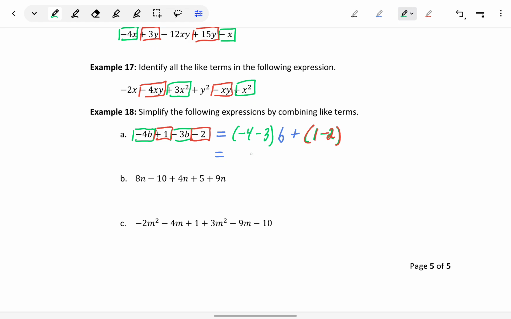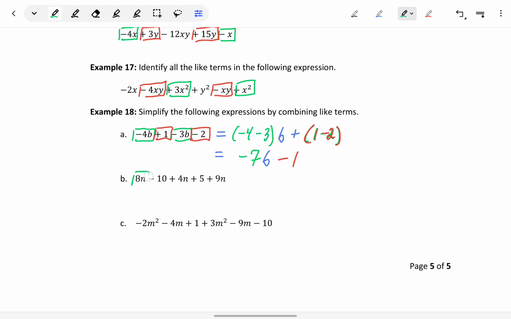Simplifying, negative 4 minus 3 will give us negative 7b, and then 1 minus 2 will give us minus 1. So we identify the like terms and then add their coefficients together.